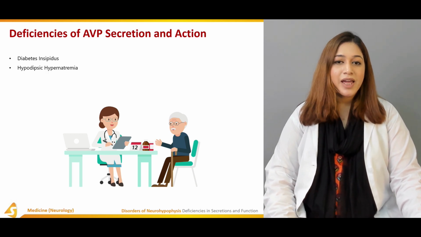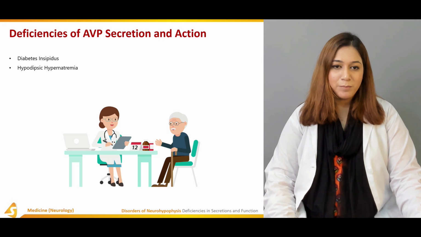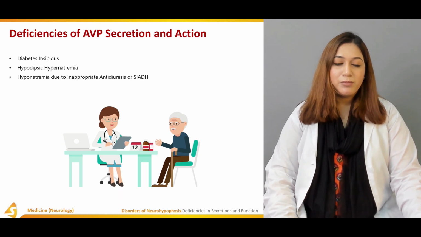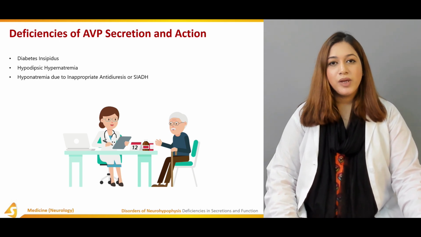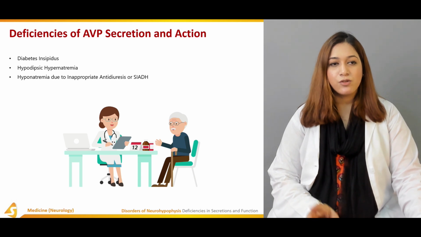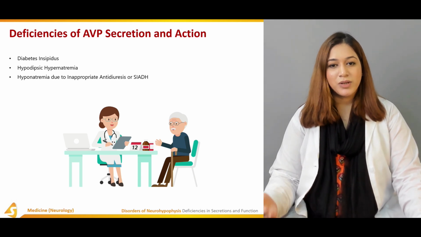Whereas in case of the excessive production of AVP, there will be a disease known as hyponatremia due to inappropriate antidiuresis or SIADH. We will discuss these diseases or these syndromes in our subsequent sections.